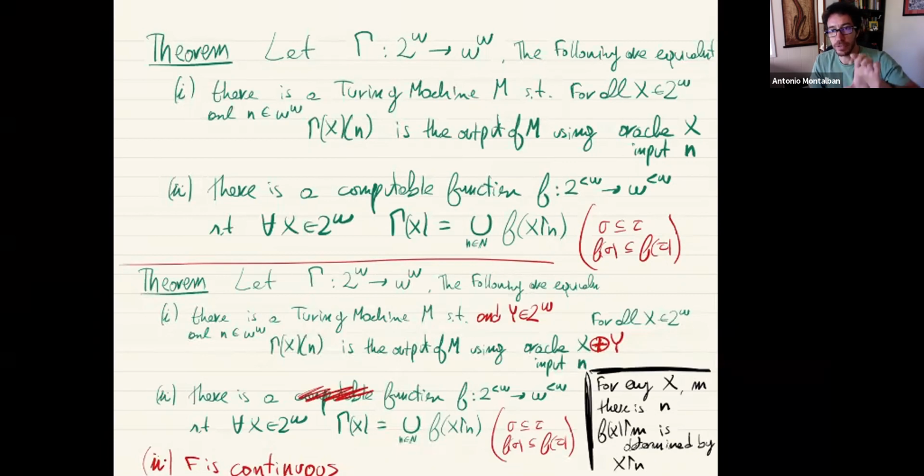So you only need some finite number of bits of x to determine a finite amount of f. This n might be much larger than m. Essentially, in the epsilon-delta definition, 2 to the minus m is the epsilon, and 2 to the minus n is the delta in the usual distance that you put on this space.